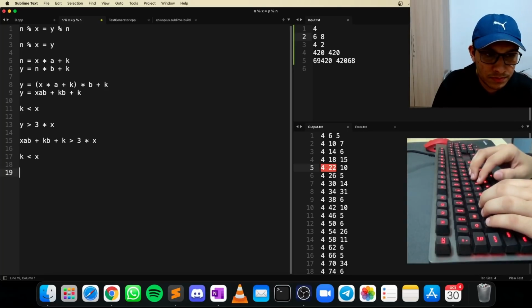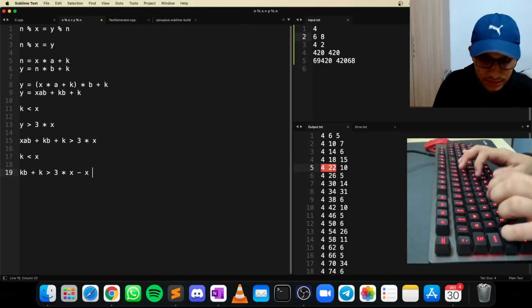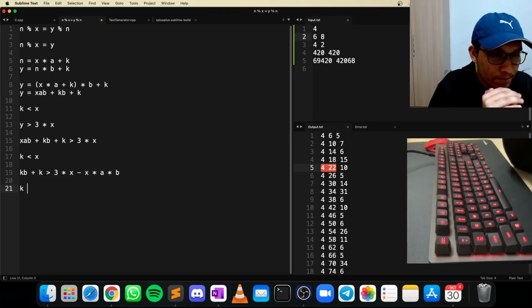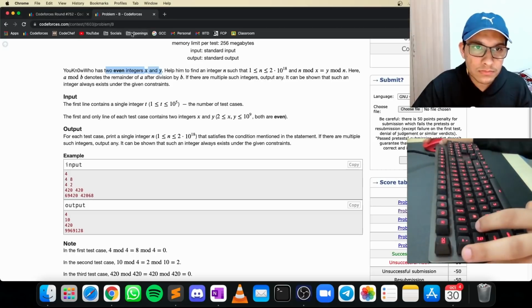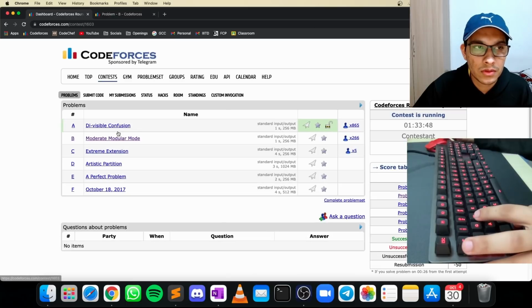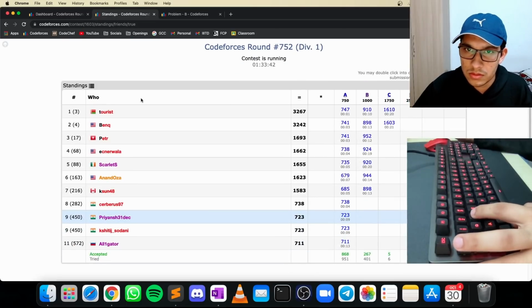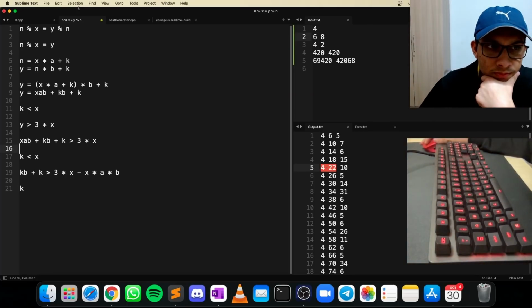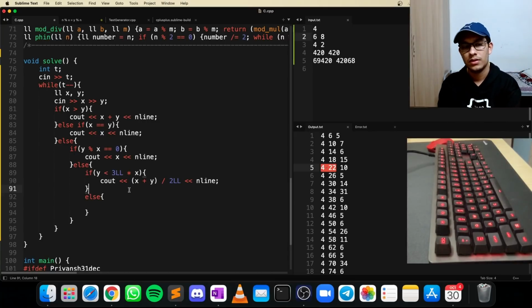So if you look at it, we have kb plus k has to be greater than 3 into x minus x into a into b, right? So I have k into, okay, but b is common here, right, on both sides. If y is less than 3 into x, then this is fine.